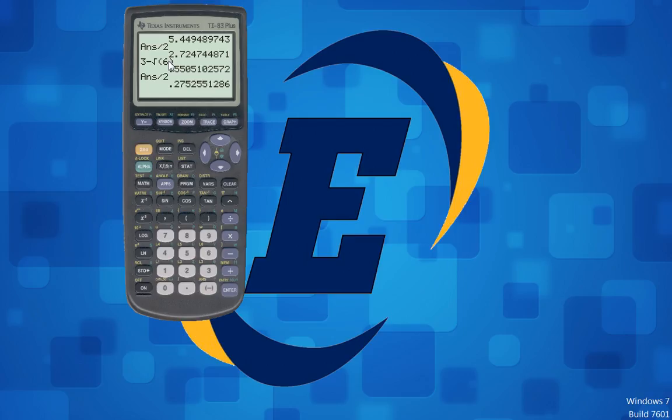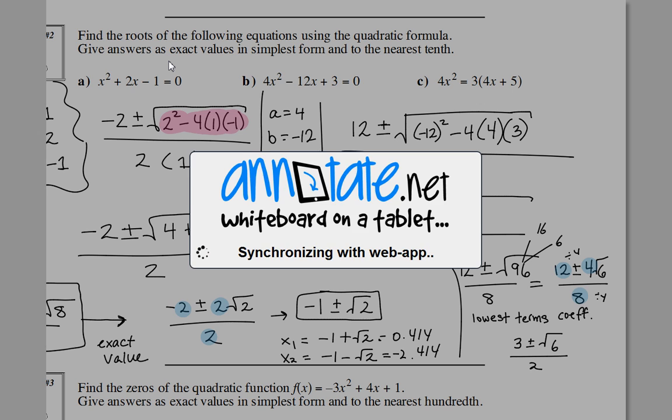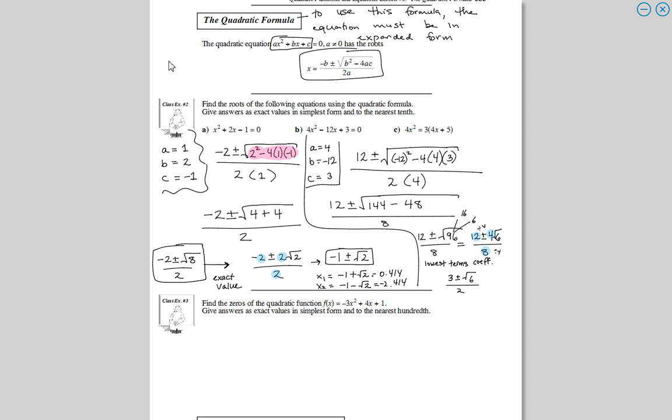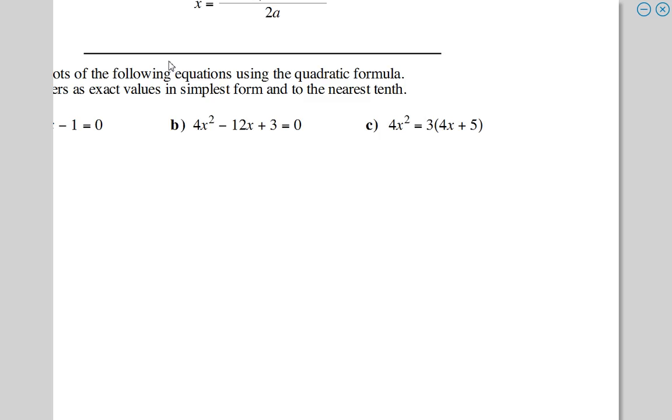And the last one. And I'll have to erase all this stuff. Okay, working on C now. In order to use the quad formula, what does it have to be?